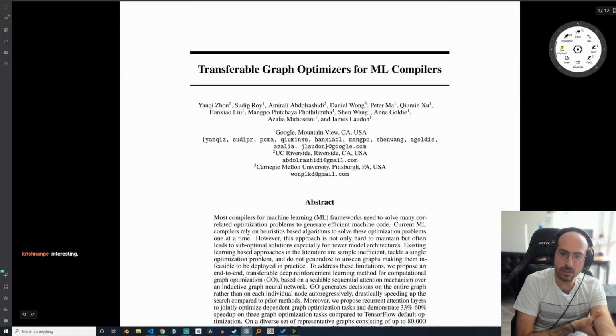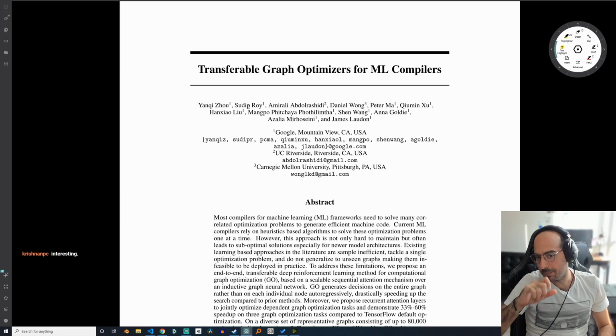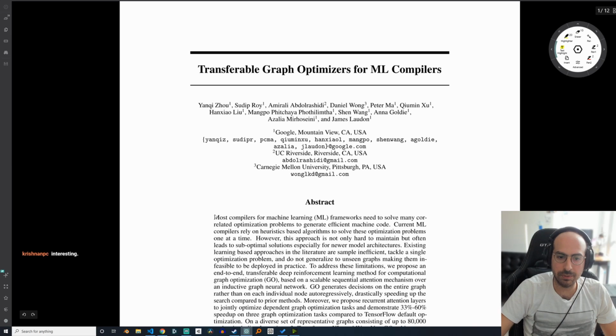So let's see. This is also a Google paper. Of course it is. Most compilers for ML need to solve many compiler-related optimization problems to generate efficient machine code.